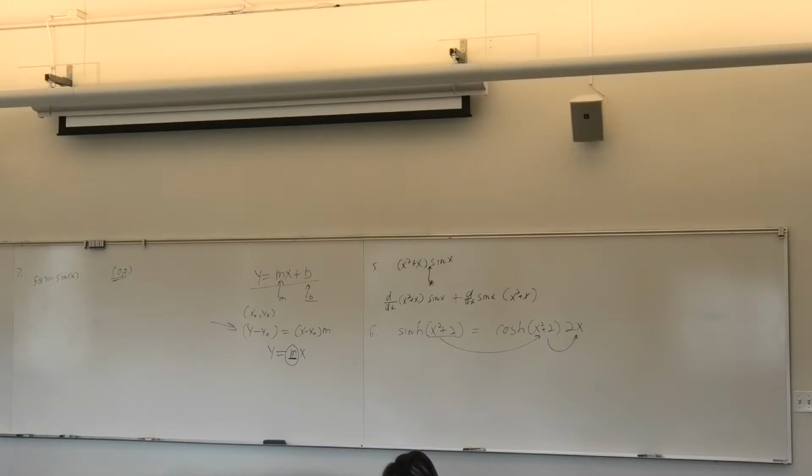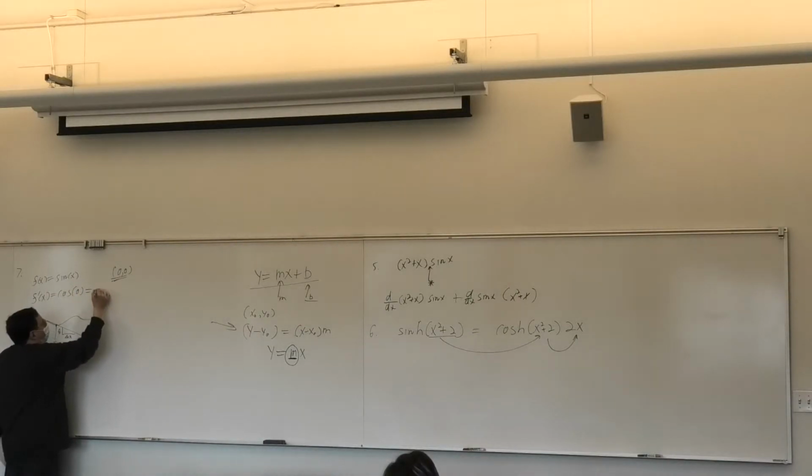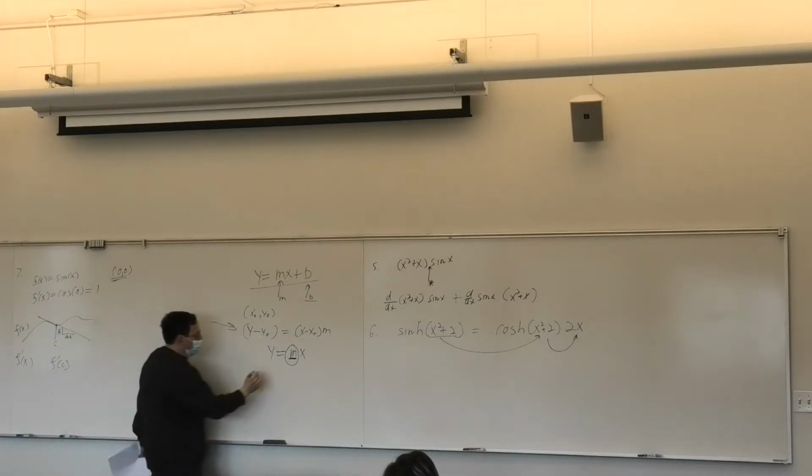I hope at this point you know that if I have a function and its derivative at some point c, the derivative at c is the slope, delta y over delta x, of that line. So all that I need to do here is find the derivative at 0, and I get 1. And that's just it. That's the solution.